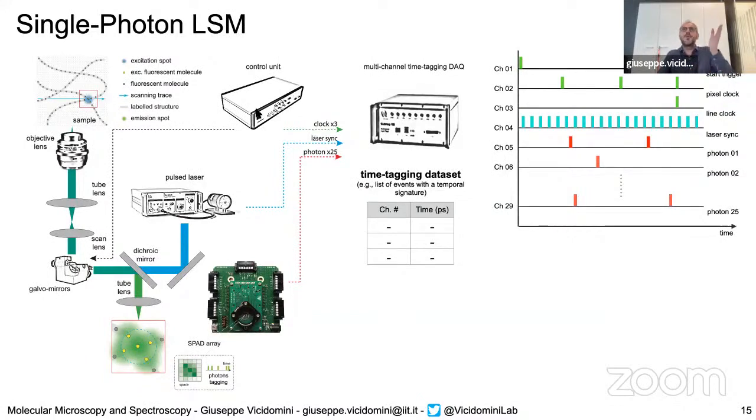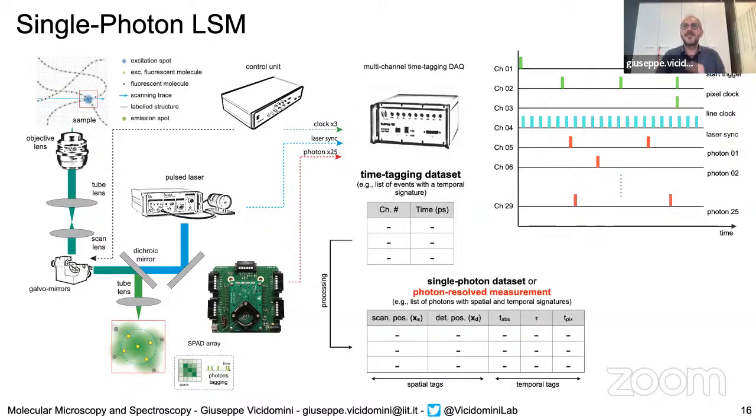For example, I want to know when my beam moves across the sample, so I want to register such events. And if I'm using a pulsed laser, I also want to know when this pulse arrives at the sample. So I need to collect all these events and associate to each event a specific time, with a precision in the order of picoseconds.